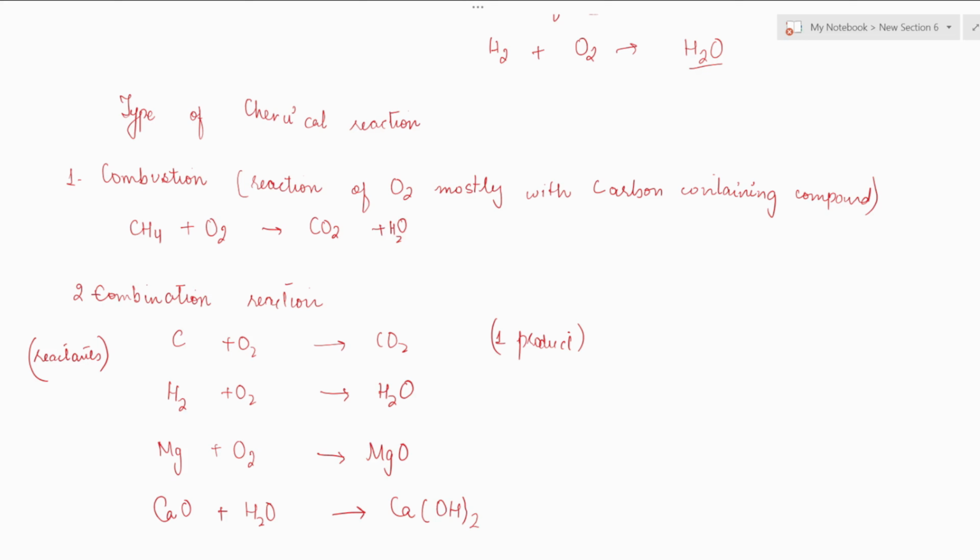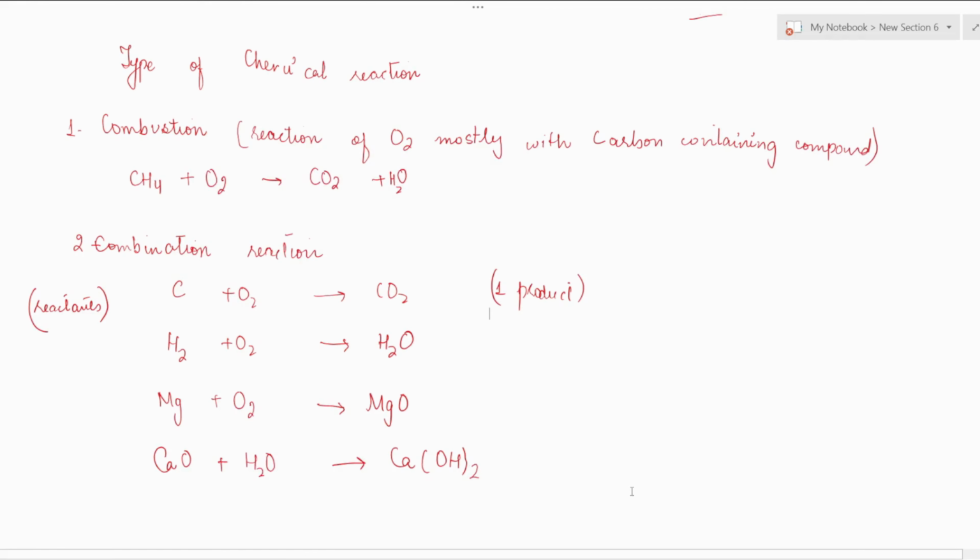How do we name it? Now you must know the names of the compounds, right? Can you tell me the name of the last one? How do we name it? Ca(OH)2. What is OH?